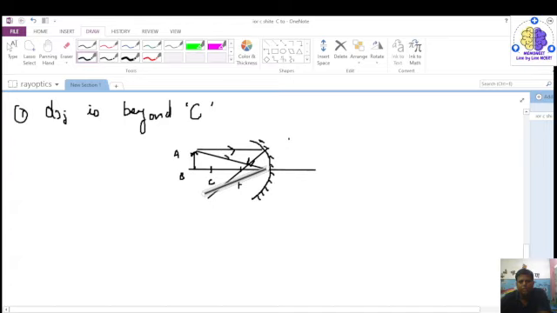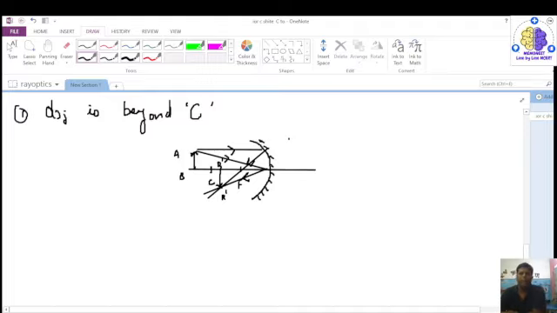This is the incident ray and this is the reflected ray. Now the two reflected rays intersect at this point. So the image will be formed here, like this. This will be the image, marked as B dash, and this is A dash, right?